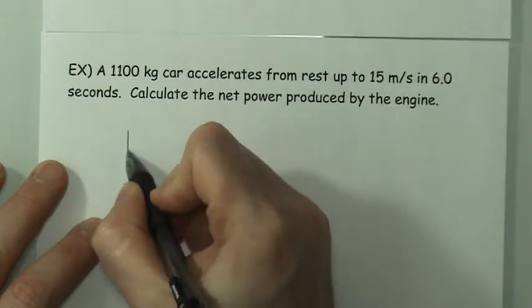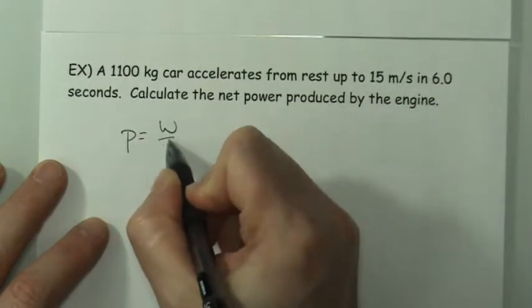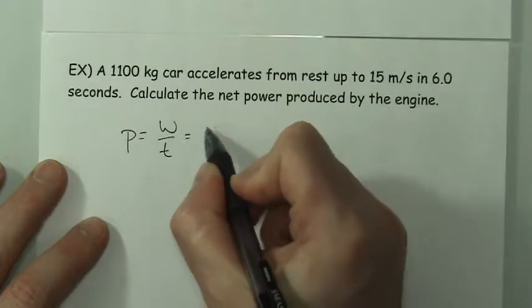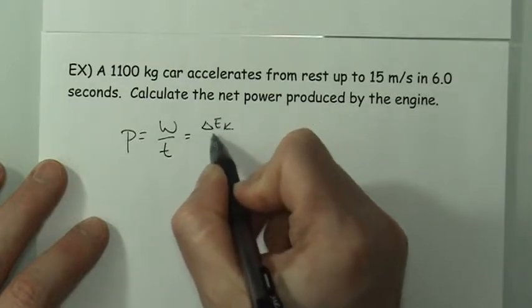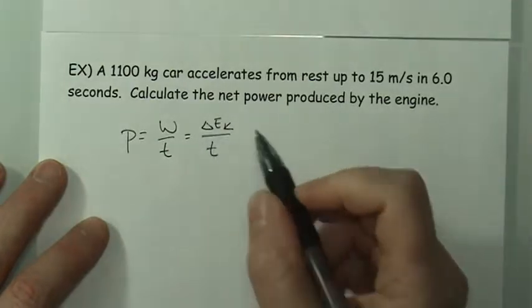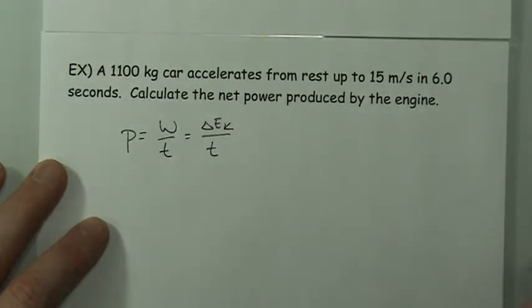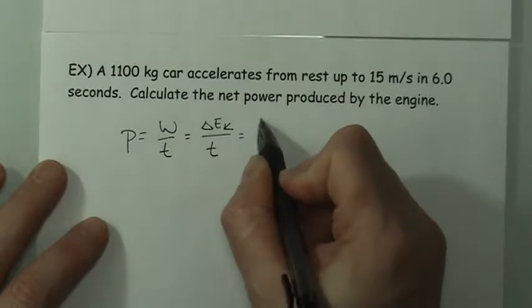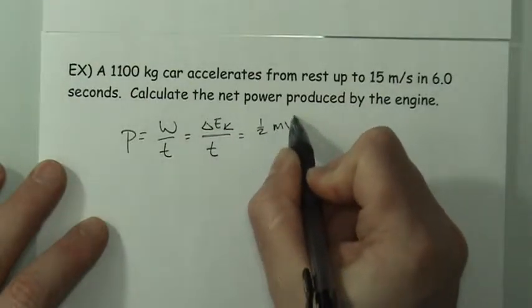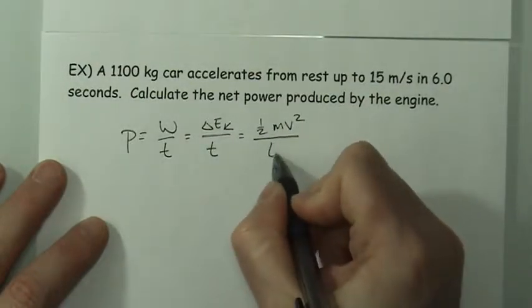So again, power is equal to work over time, but in this case, we're talking about a change in kinetic energy, just like we learned in the work energy theorem. The work can be used to produce kinetic energy. And so therefore it's 1/2 mv squared divided by t.